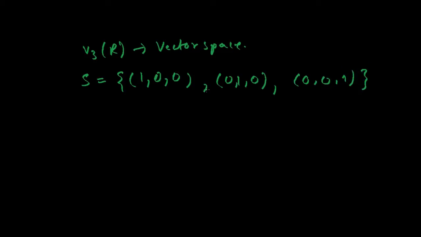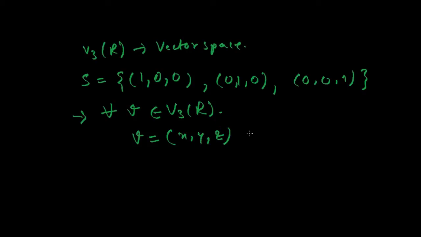Right. So this is the subset we have of this three-dimensional vector space. We can see that if we take any general element, for all V belonging to V3, we can write V as (x, y, z), where x, y, z belong to R, right?